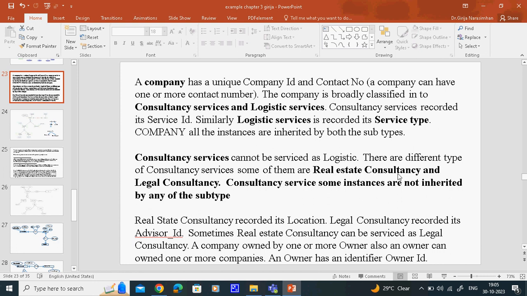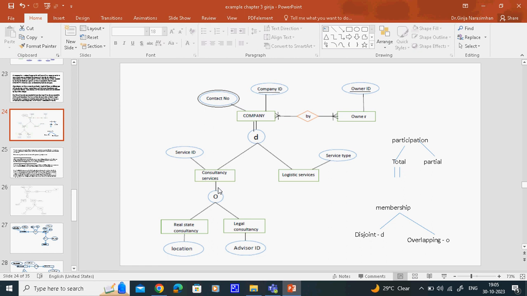For the real estate consultancy and legal consultancy, some instances of the consultancy service are not inherited by any of the subtypes. What is the meaning? This is called partial. Partial means a single line. Some records are not needed for these entities; they won't inherit.